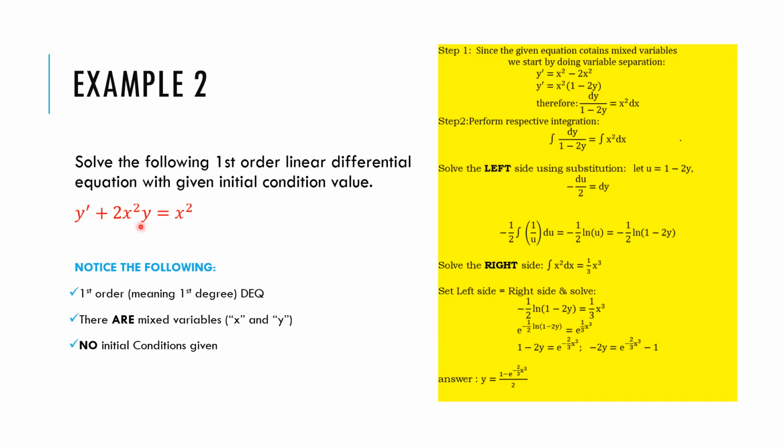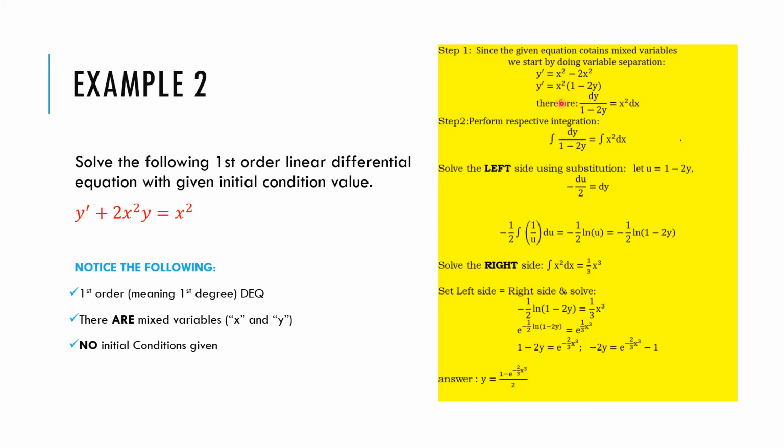Now, to do so, I'm going to start by moving this middle term right here, the 2 times x squared times y, to the other side. Now, when I do so, I get y prime equals x squared minus 2 times x squared times y. When I do that, now I am able to separate the variables.